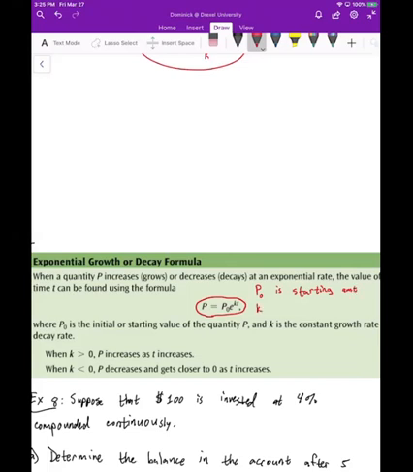And then k is like a growth or decay rate, so this is usually a percent. And of course, t is the time, whether it's minutes, hours, or years, or something like that. And then P is the ending amount.